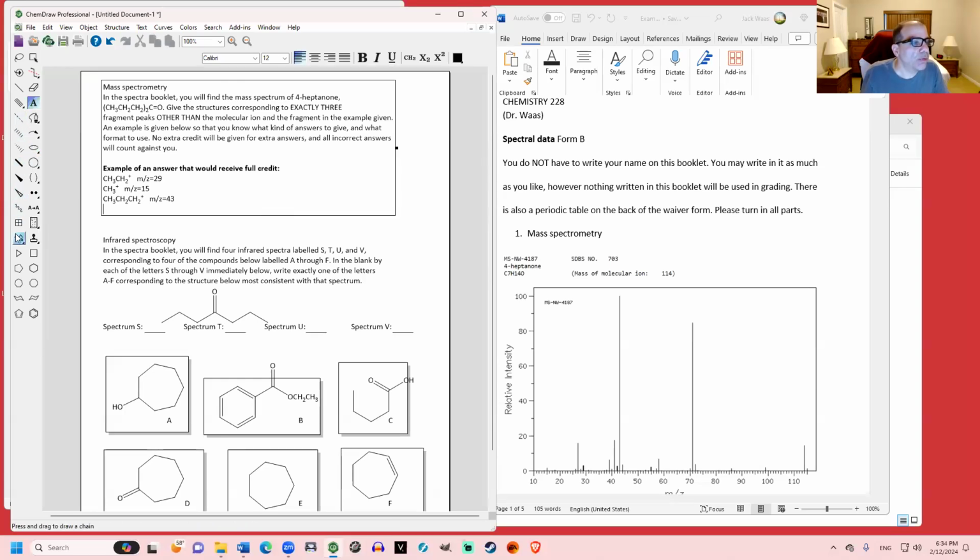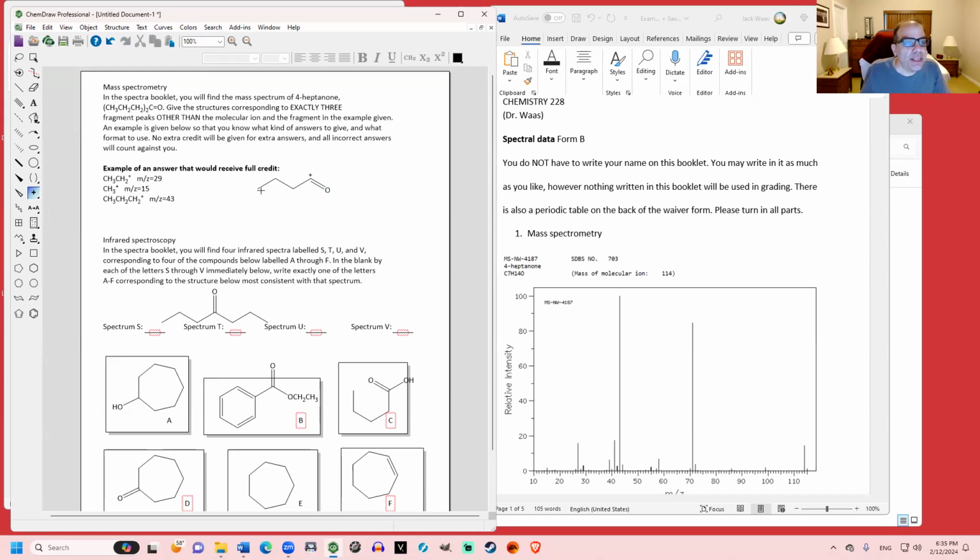Let me draw that over here. You could also draw the other resonance form with a triple bond between the carbon and the oxygen and the plus charge on oxygen. Perfectly acceptable. It's the same thing, just the other resonance form.